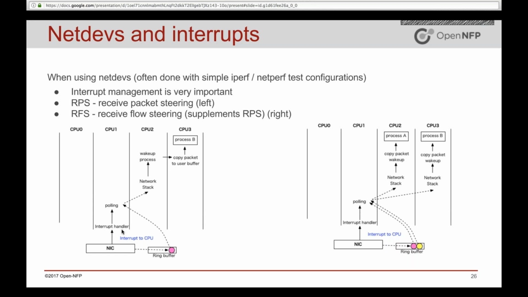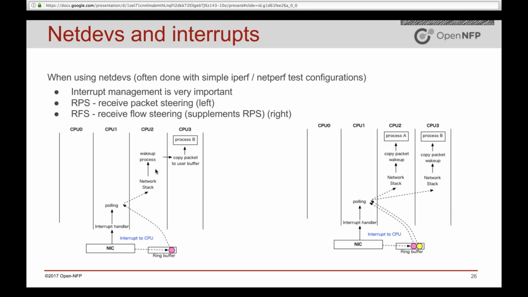It's costly, and that cost is not readily visible. So there are two facilities within the system to try to optimize this. One is called receive packet steering, where the system will try to localize the processing for the low-level interrupt handler and the network stack portion of it.